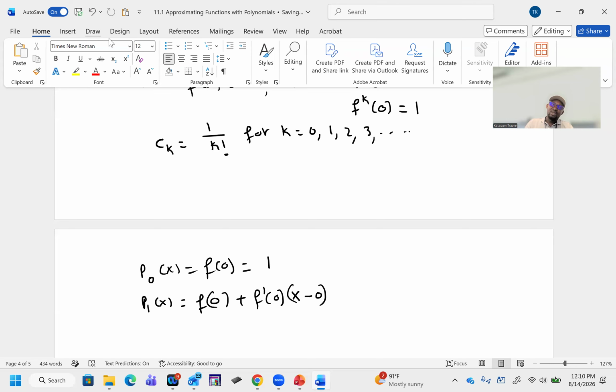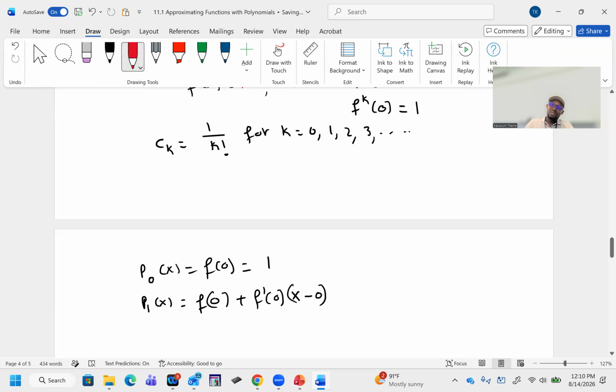So P sub 0 of x is 1, and P sub 1 of x will be 1 plus x, because f prime of 0 is 1, right?